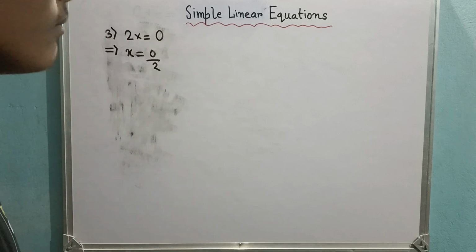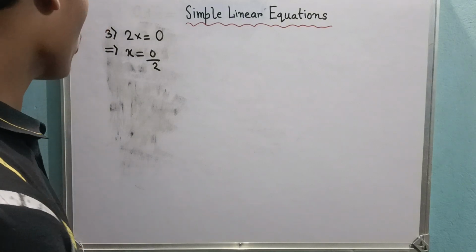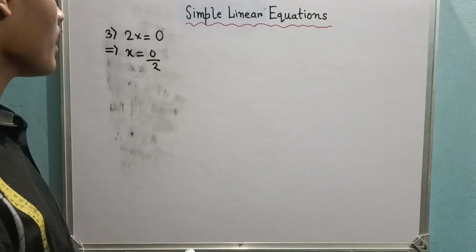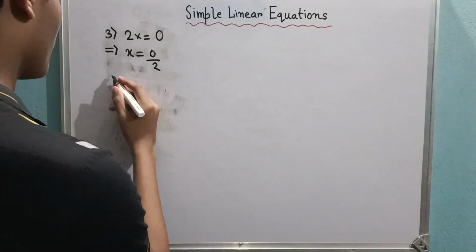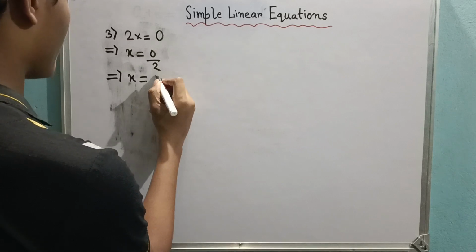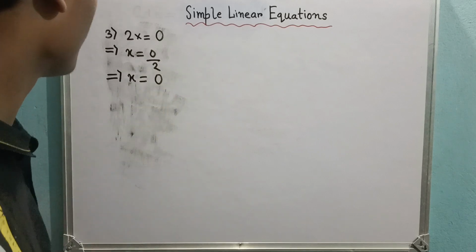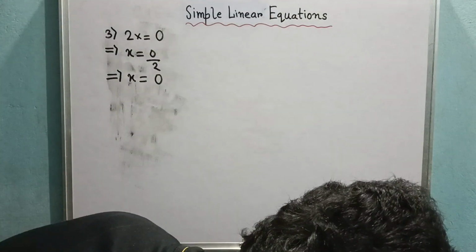And surprisingly, I've seen many write 0 divided by 2 is equal to 2. So yeah, that's wrong. Always remember guys, 0 divided by any number will always be 0. So here x will be 0. This will be the answer. So I know it's also easy. So still, let's get into our next sum.